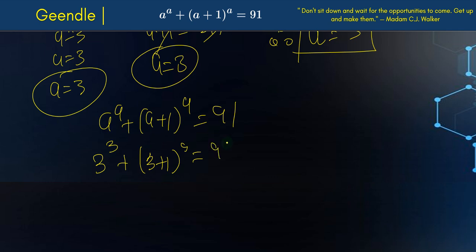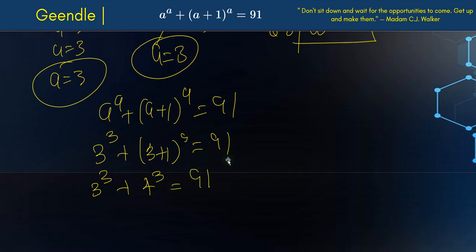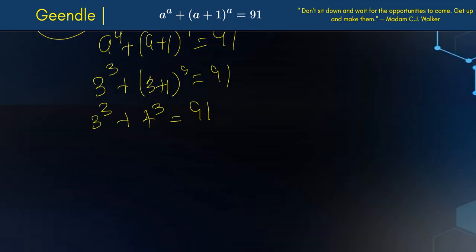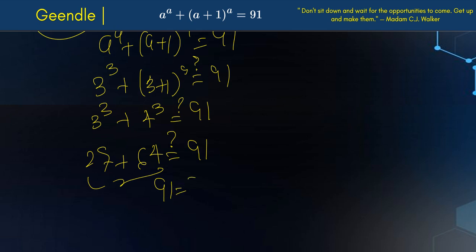This is equal to 91. So we're going to have that this is 3 to the 3 plus 4 to the power of 3, and this is 91. So actually we should ask here, right, is it 91? So this is then 27 plus 64, right? And then this is 91. And actually, if we add this, we're going to have 91 equals 91.